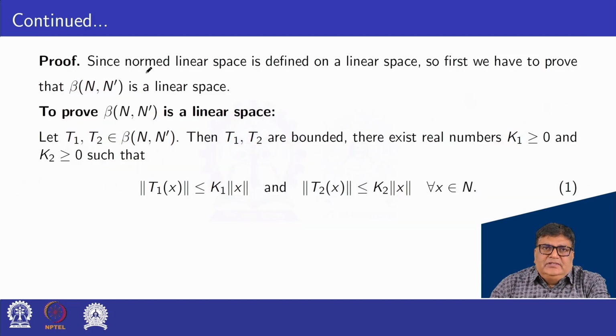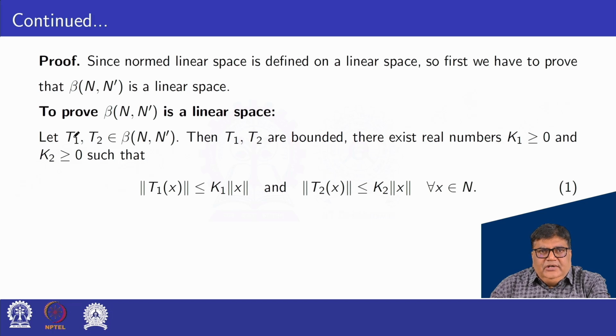Proof: since a normed linear space is defined on a linear space, first we have to prove that B(N, N') is a linear space. Let T1 and T2 belong to B(N, N'), that is the set of all bounded linear transformations.